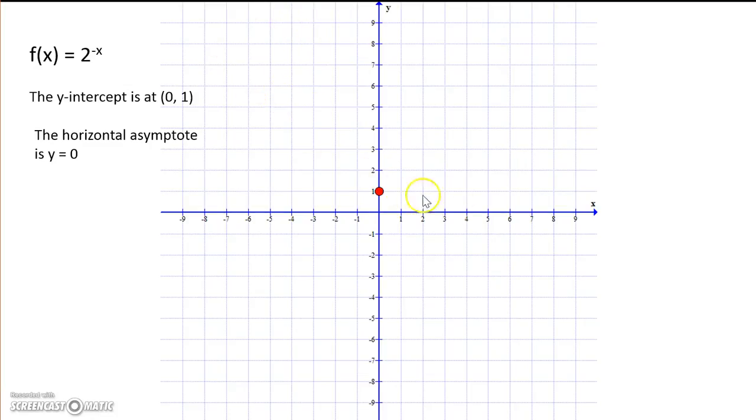It's going to go down as you go that way. Okay, and if you're not sure, put in a number. Put in 1. 2 to the negative 1 is a half. So it's going to go (1, 1/2). And for negative 1, 2 to the negative negative 1 is 2, so it'll be (-1, 2). Works.